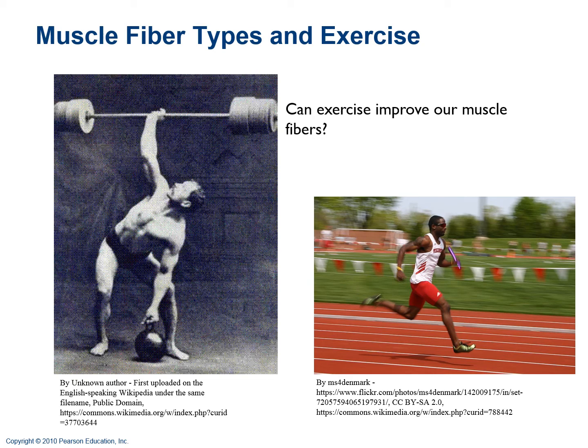If they aren't strong enough to perform the movement, then type 2 fibers are recruited. Regular exercise can improve the efficiency and strength of type 1 and type 2 fibers. The principle of myoplasticity describes the changes in muscle structure as a result of change in function that's related to exercise.